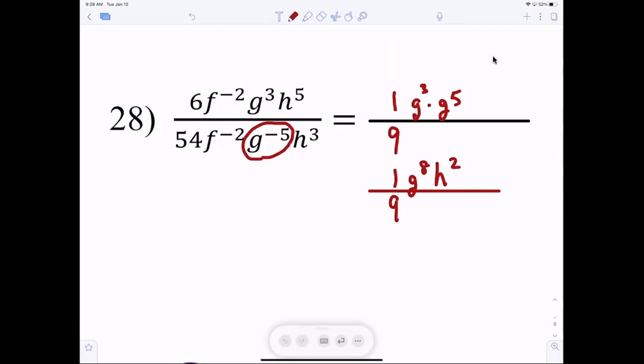Right? So I move it to the top. Right? Yeah, that makes sense. All right. Anybody else with that?